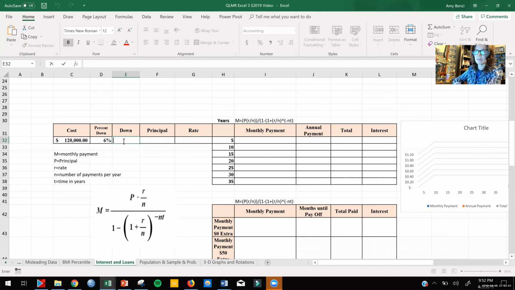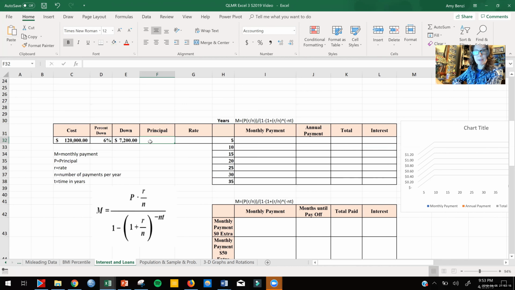If you don't remember how, it's right up here on this little number thing. What is my down payment? Well, it's 6% of the cost of the house. Remember what of means: multiply by the cost of the house. So I paid $7,200 down.